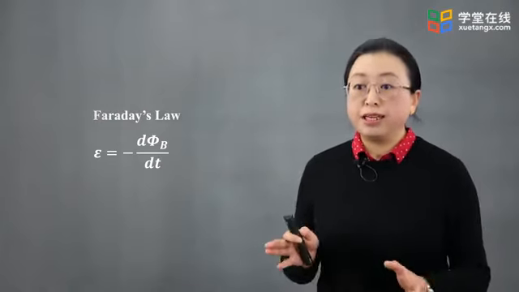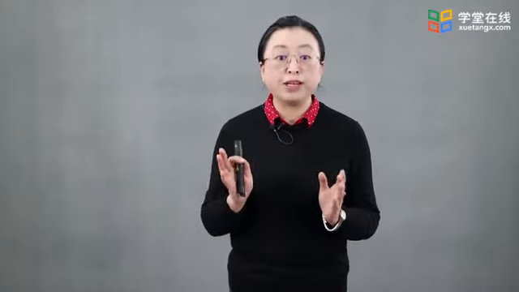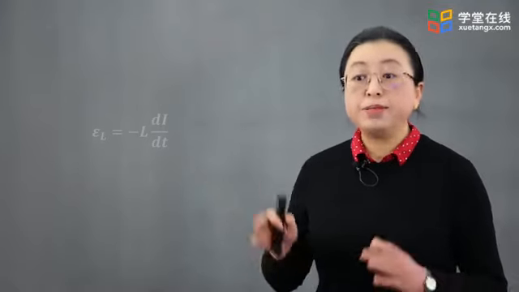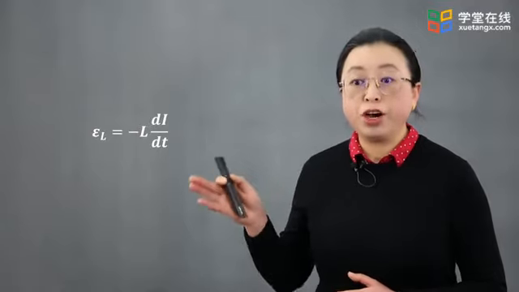We know that the magnetic flux is proportional to the magnetic field, and the field is proportional to the current in the circuit. Therefore, a self-induced EMF epsilon L can be expressed by this one: epsilon L equals the negative of the time rate of change of the current.